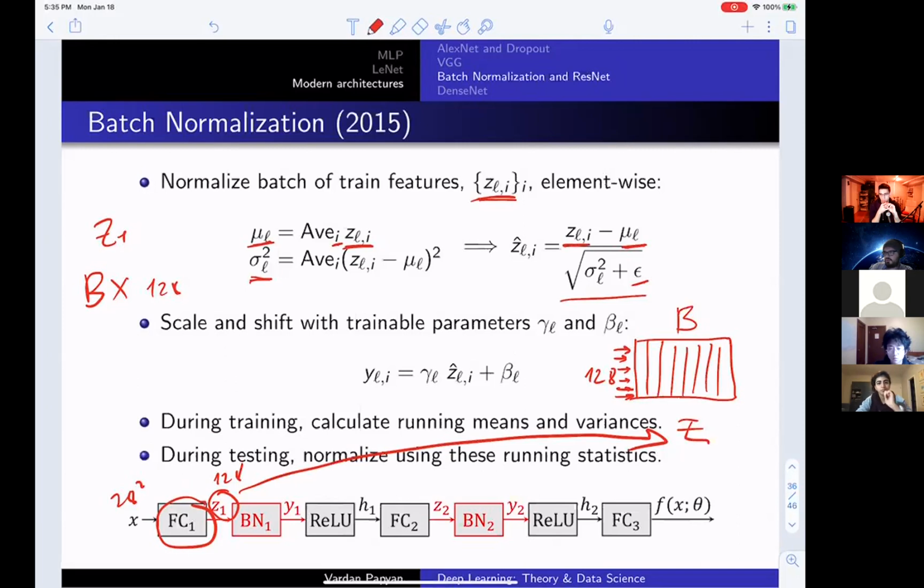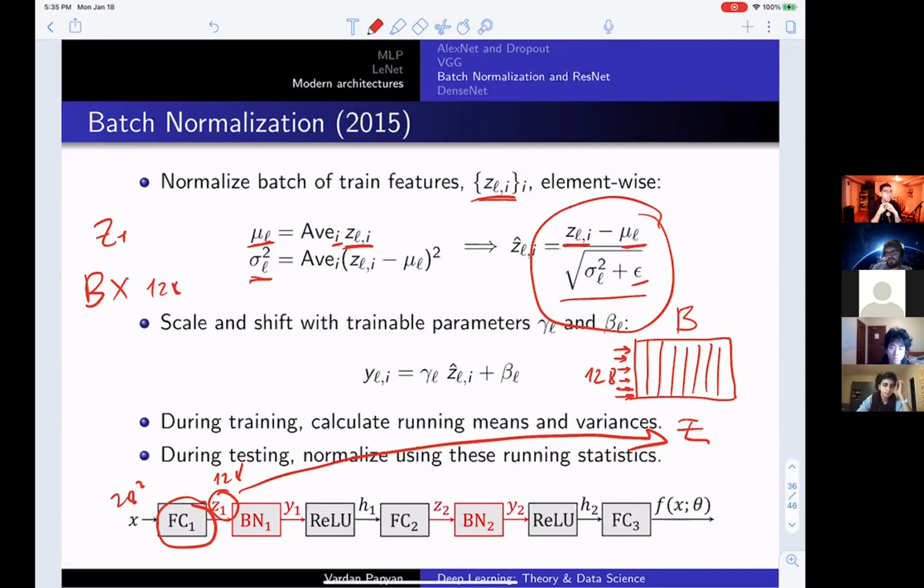To those of you who know statistics, what is this thing called in statistics? Trivia question. Does anyone know? In statistics, this is called a z-score.